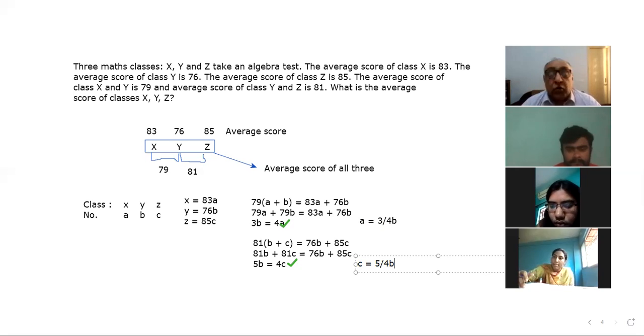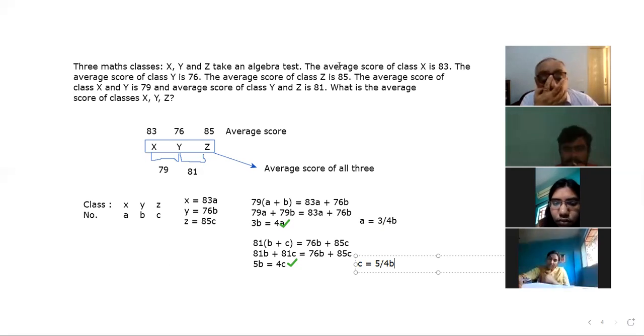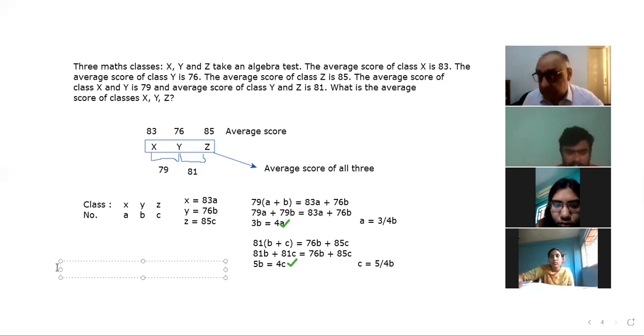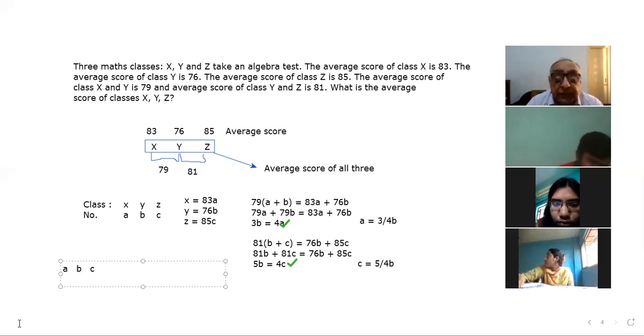So now let us take these three classes, that is, the students. If we take this A, B, and C here, now we are coming to this point. The value of A is 3 upon 4B. What is the value of A?